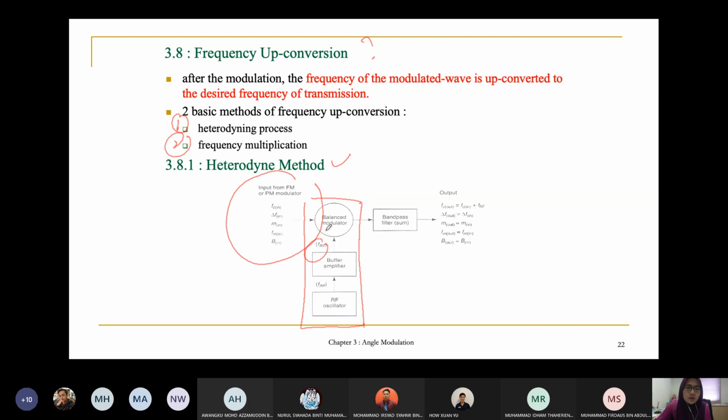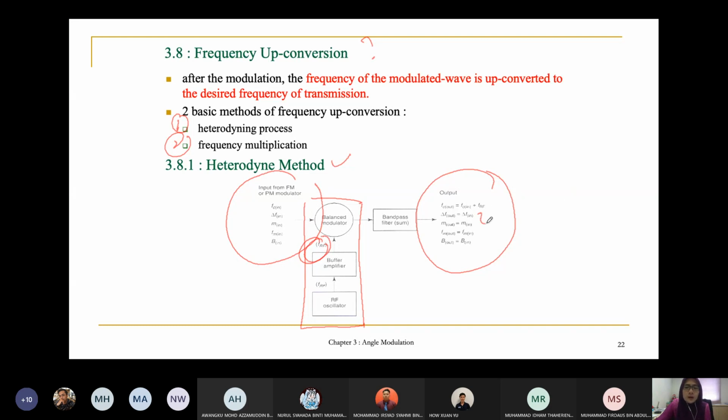When FRF and the input from the FM or PM modulator go into the balance modulator, the output Fc is equal to Fc at the input plus the FRF.